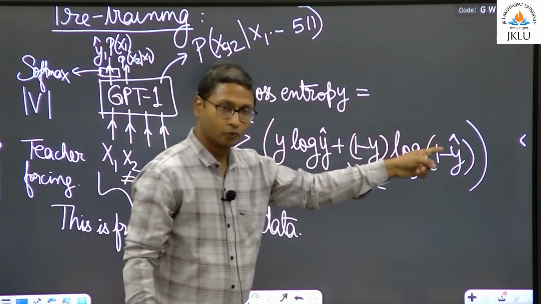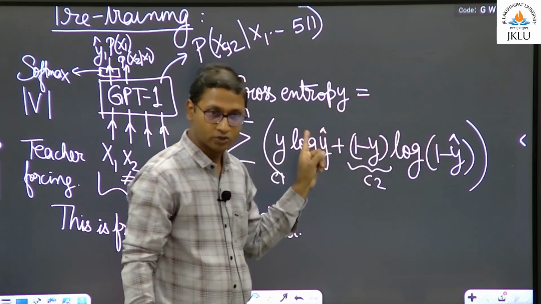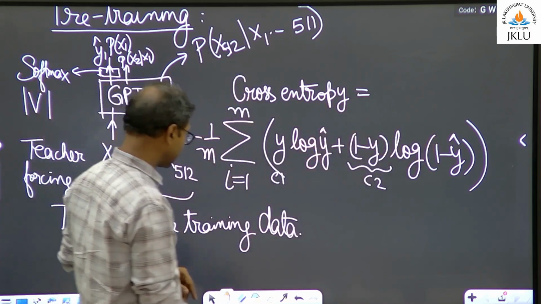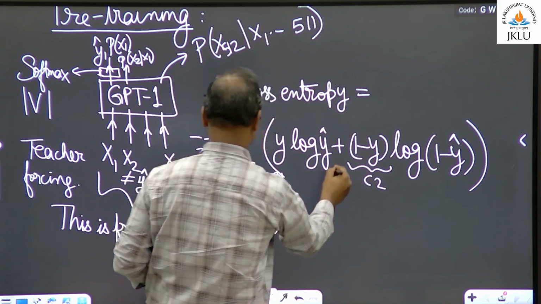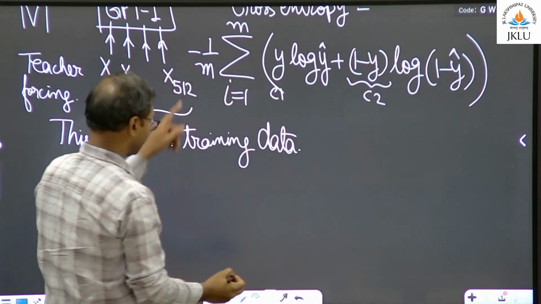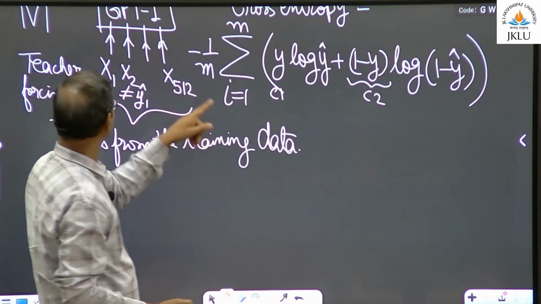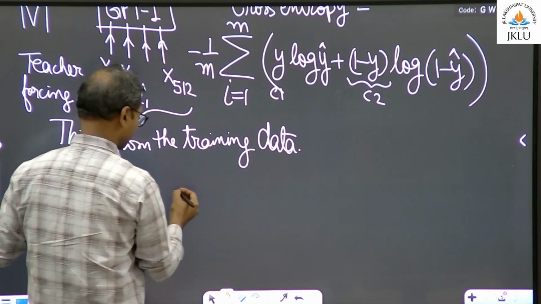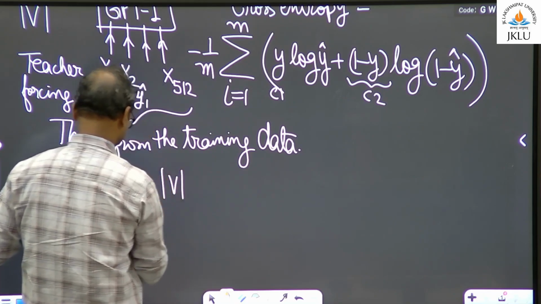And you will have outputs corresponding to only those things. Here in this case, how many classes do you have? Mod V.